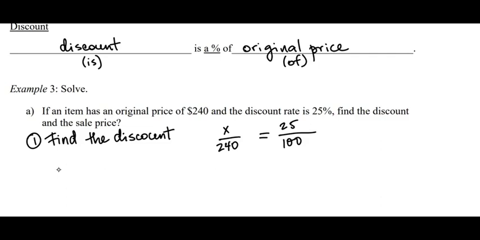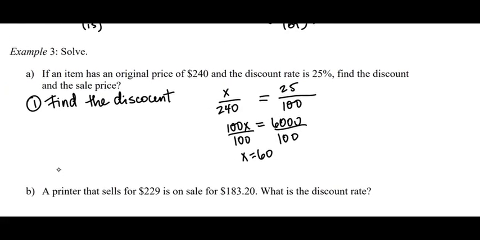All right, so I have 100x equals 6,000, then divide by 100, x equals 60. Okay, so that's our discount, right?